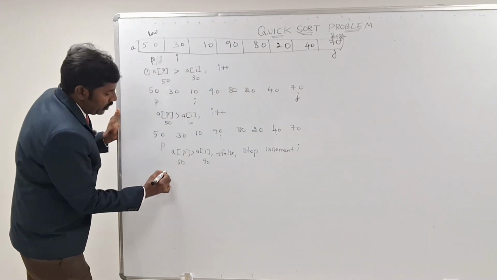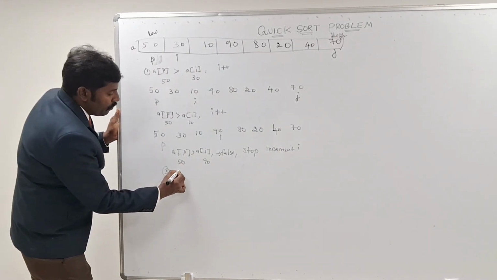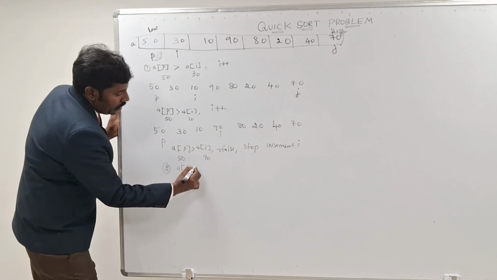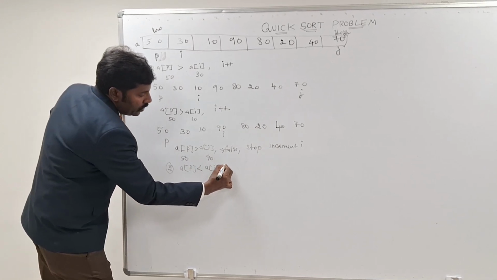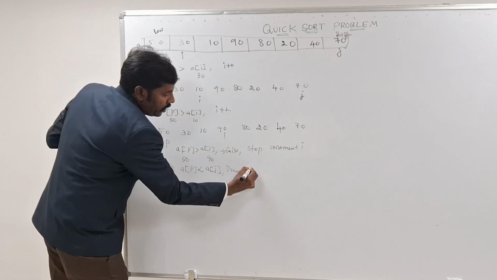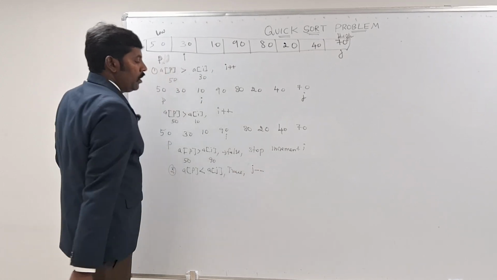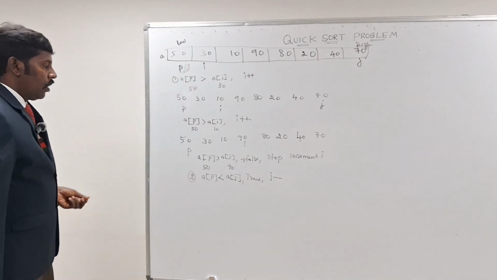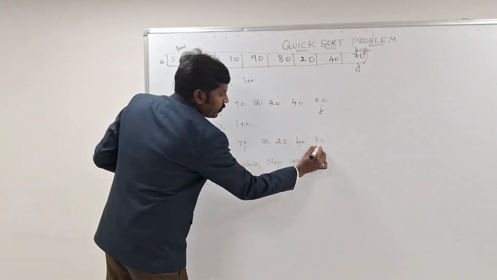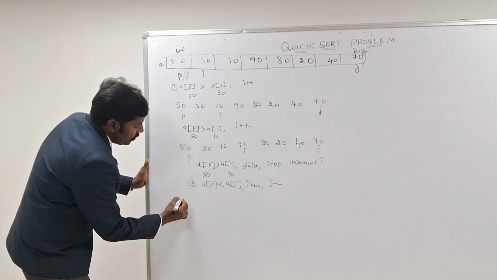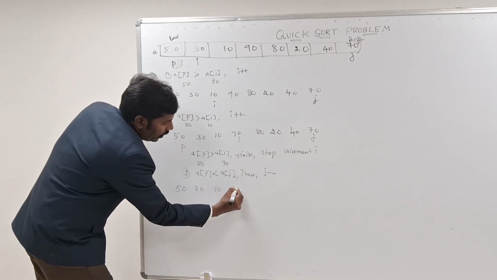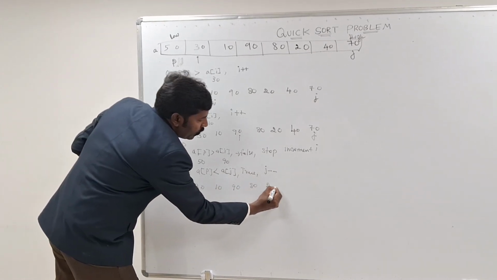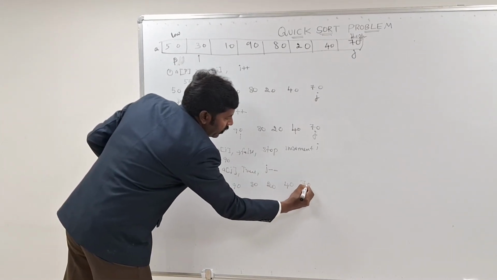Then check the second condition, condition number 2: A of P is less than A of J. If the condition is true, J decrements by 1. So check this: 50, 30, 10, 90, 80, 20, 40, then 70.